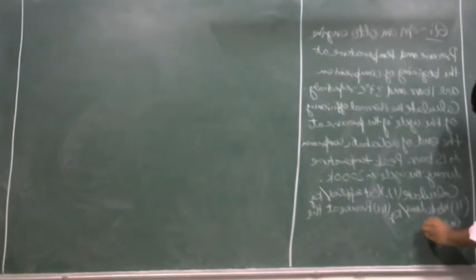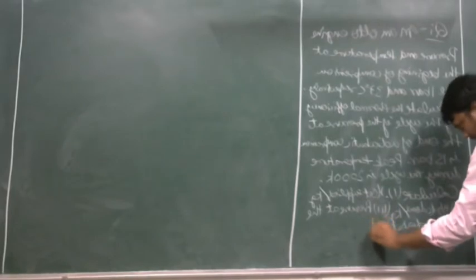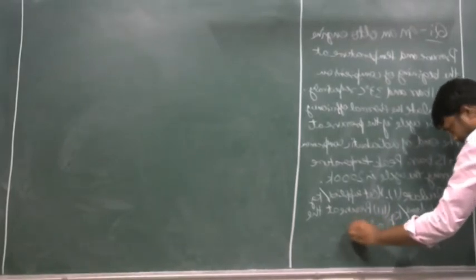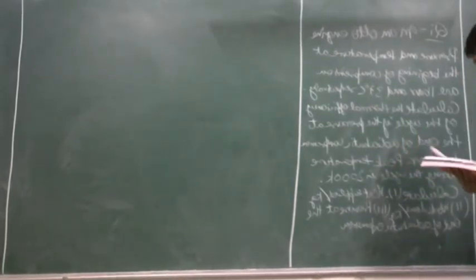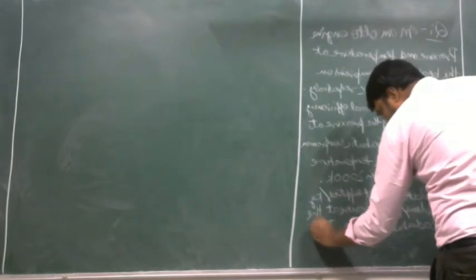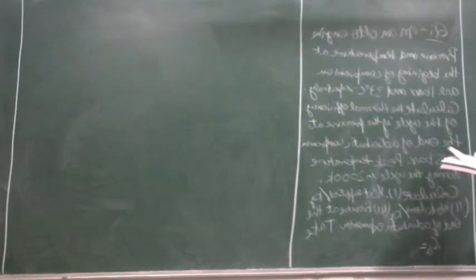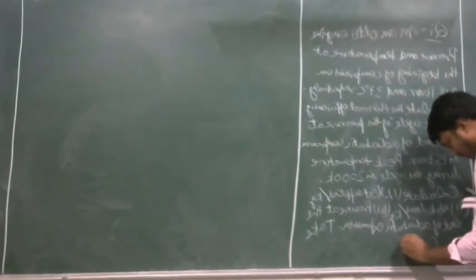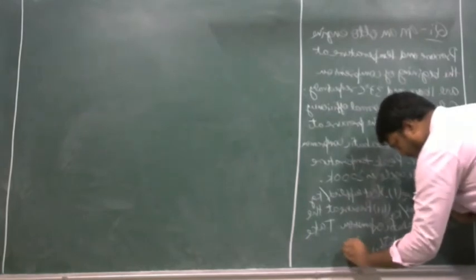Take Cv equal to 0.717 kilojoule per kg Kelvin and gamma equal to 1.4.